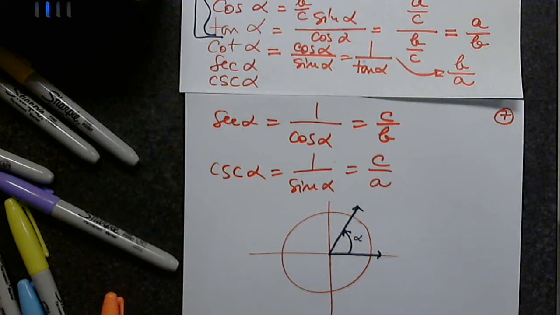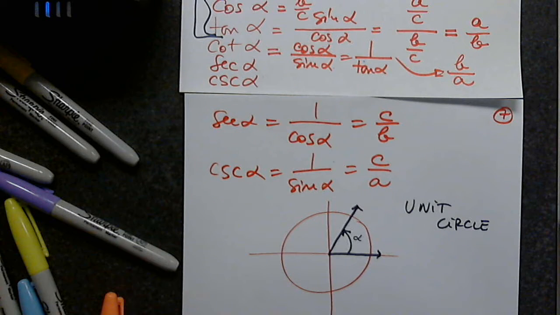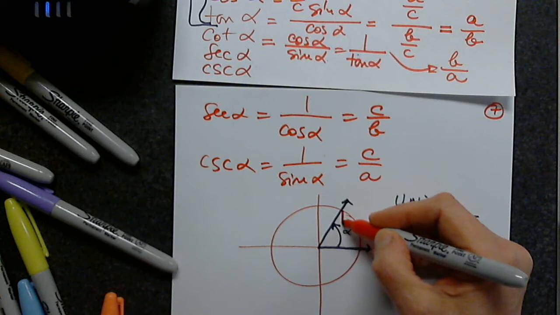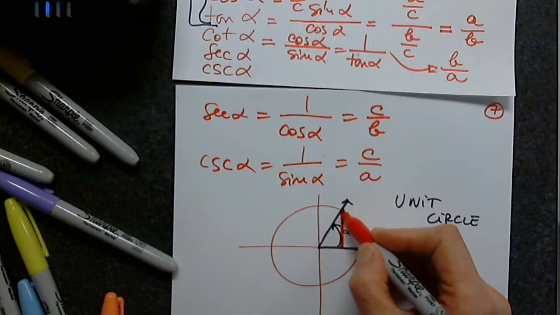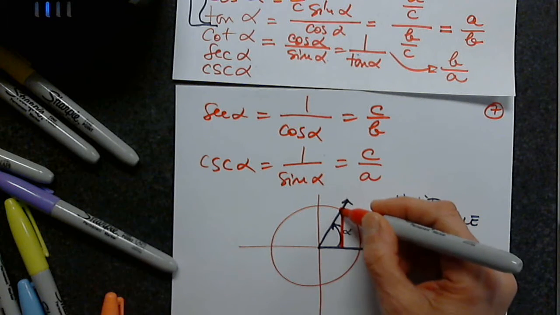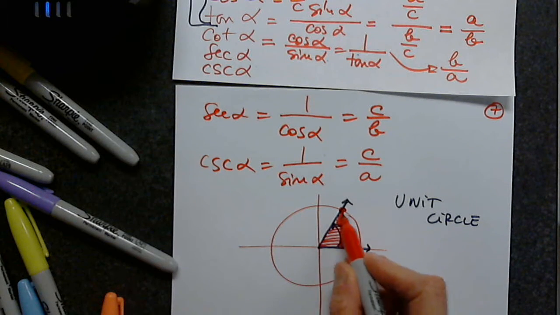I'm back to the unit circle, although it doesn't matter. Okay, I'm going to form a right triangle, drawing the perpendicular to the x-axis from this point, and this is my right triangle.